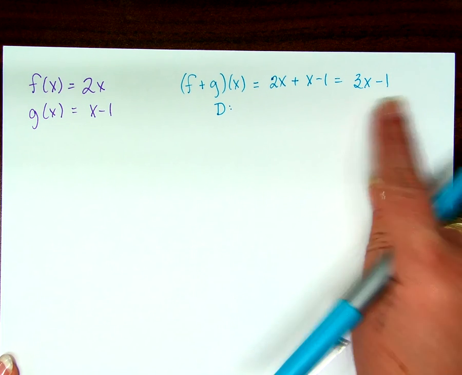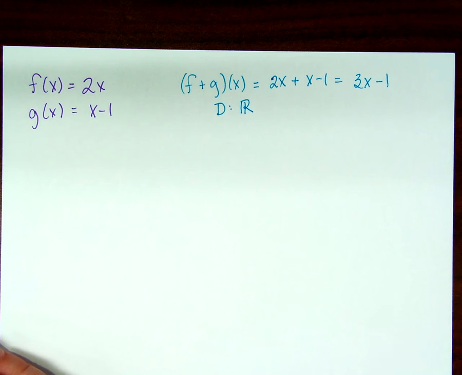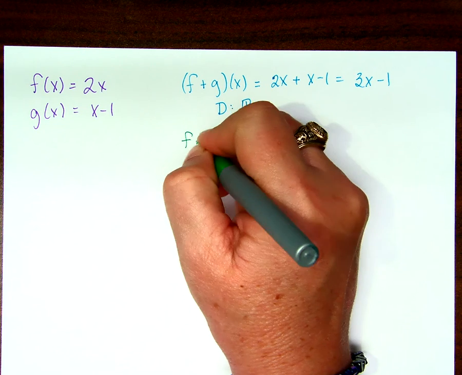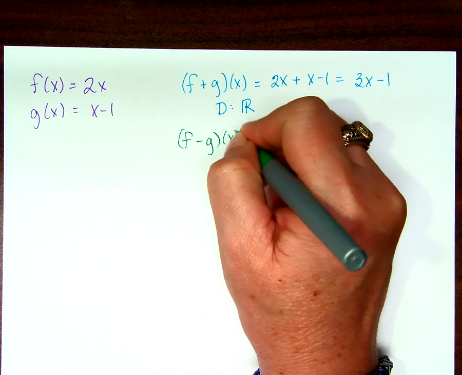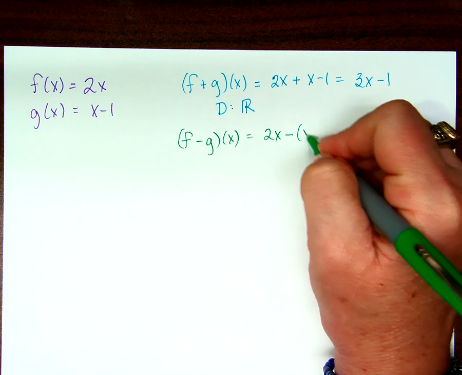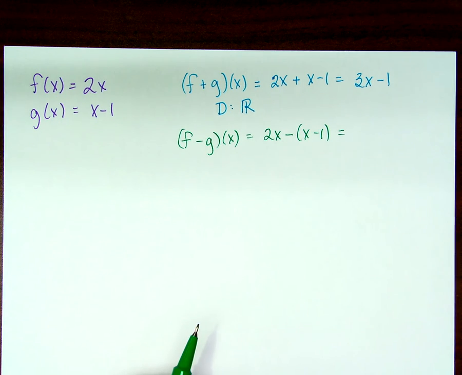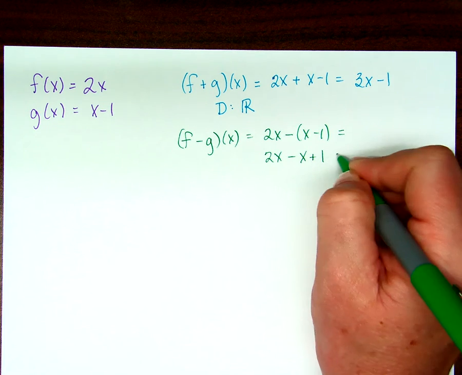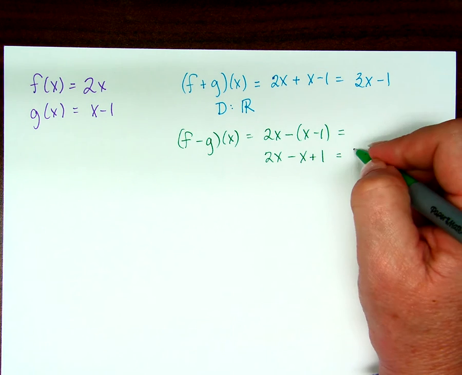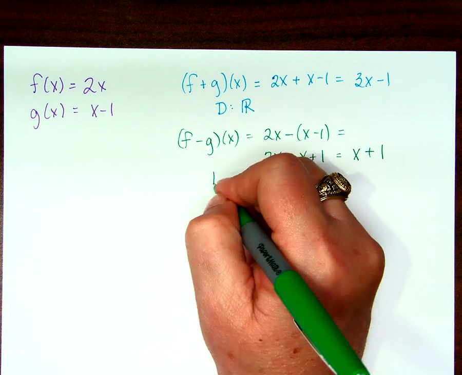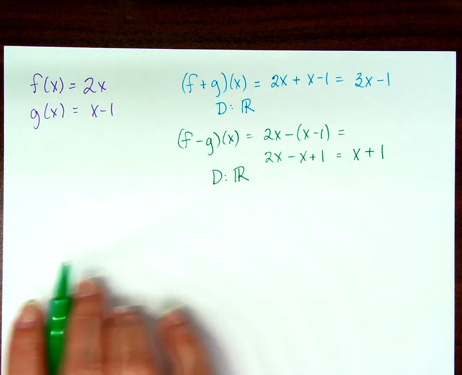Because it's a line, it's all real numbers. Got it? What about f minus g of x? Subtract them. So 2x minus x minus 1, which is actually 2x minus x plus 1. That is a line, so my domain is all reals.